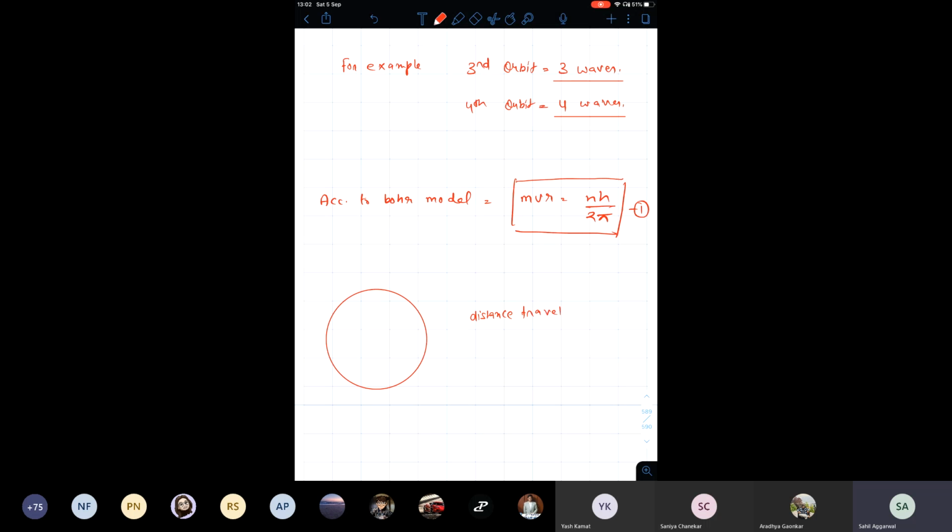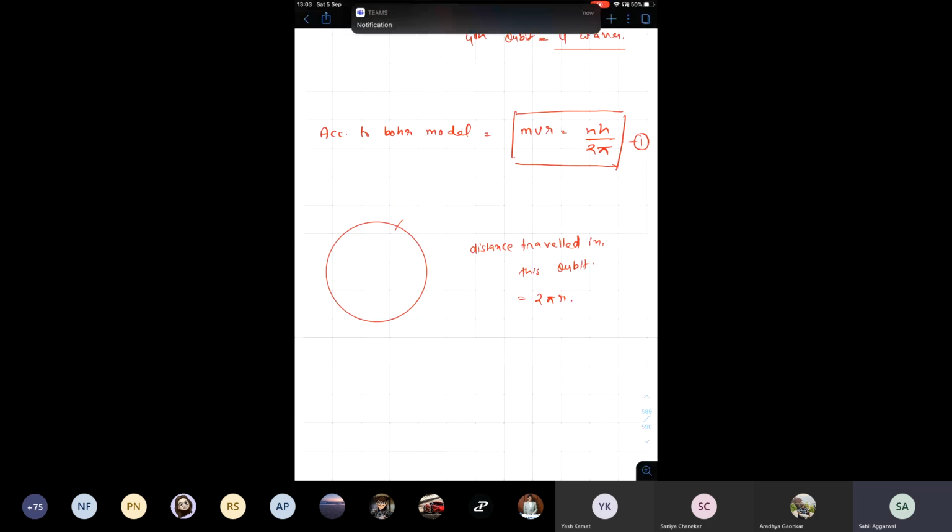Distance traveled in a circular path is 2 pi r. Any doubt in this? Okay. And it is moving in this form.